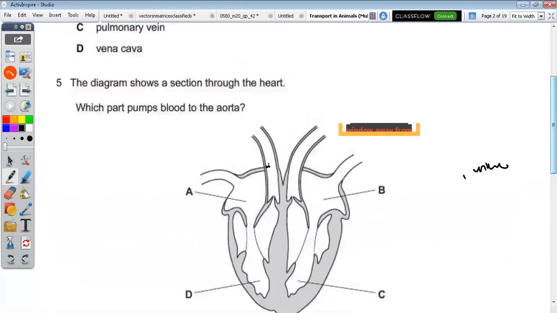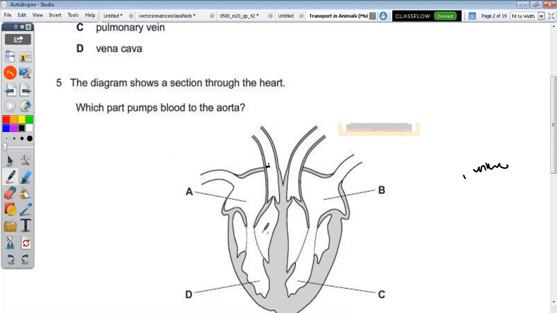The diagram shows a section through the heart. Which part pumps blood to the aorta? So what do you think? Which one? To the aorta is oxygenated blood.